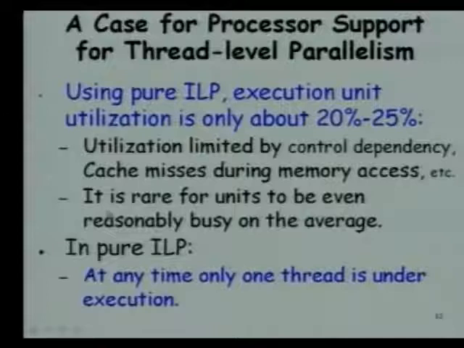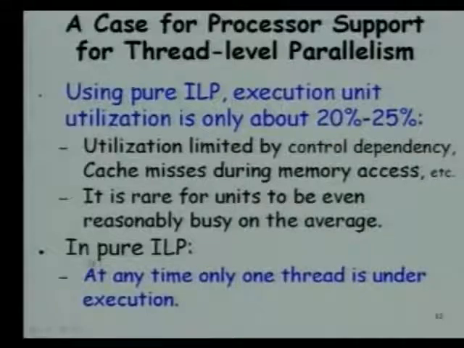It would be extremely rare to come across a program that can keep the units even reasonably busy, definitely not for the benchmark programs, and even if you want to write a program that will keep these units reasonably busy, it will be very hard for you.